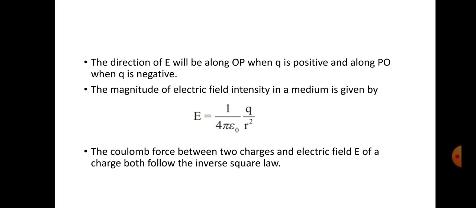Then the magnitude of the electric field intensity in a medium is E equal to 1 upon 4 pi epsilon naught, and k is equal to 1 for vacuum, therefore we have replaced that, into Q upon r square. So the Coulomb force between two charges and the electric field E of a charge both follow the inverse square law.